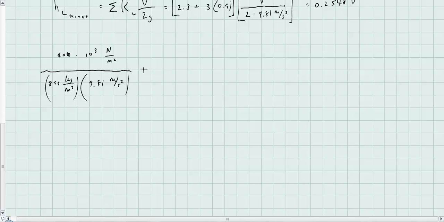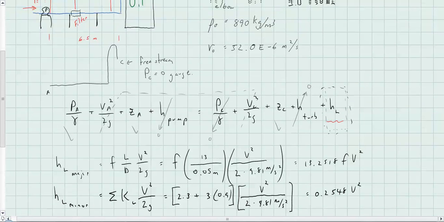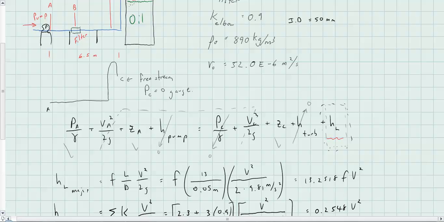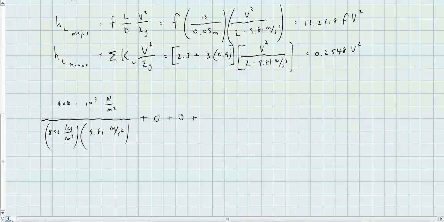Velocities have canceled out, so that's 0. We'll assume the datum, or the starting point for elevation, is at point A, so that's a 0. And then finally, we've picked a point just to the right of the pump, so the pump head is not included. So once again, another 0.